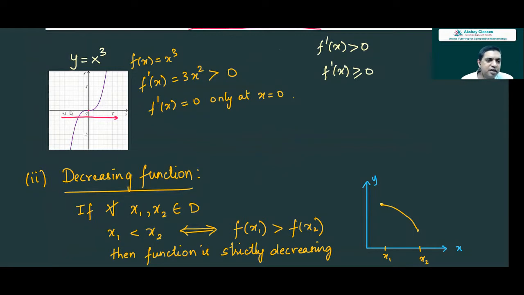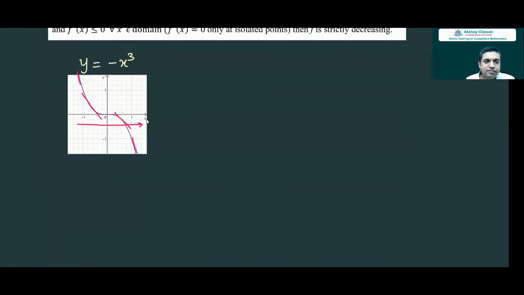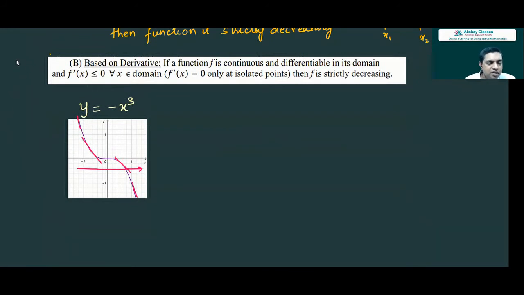Now, a function can be increasing for a while and decreasing for a while. Isn't it? Our graphs of sin x and cos x are like that. You cannot say they are strictly increasing functions or decreasing functions. These are increasing on a certain interval and decreasing on a certain interval.